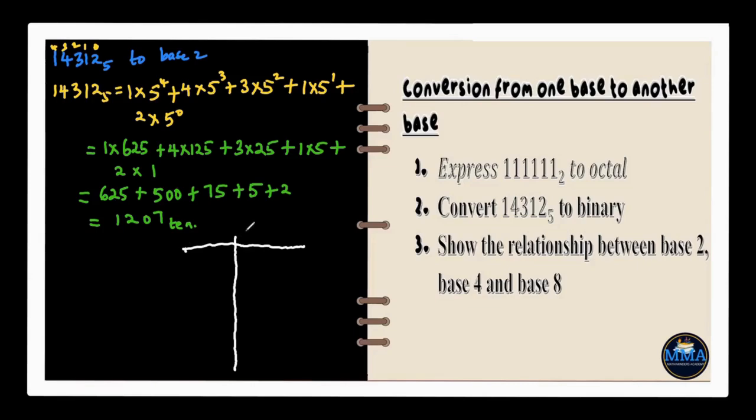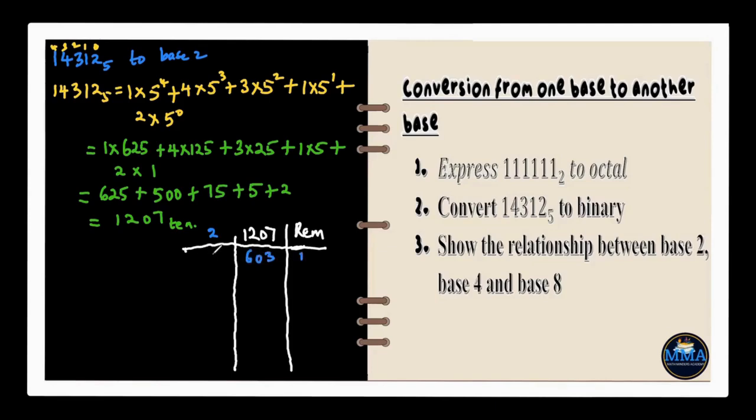So we have 1207, this will be our remainder column. Now, we are going to be using 2 to divide. When we divide by 2, we'll get 603 here.